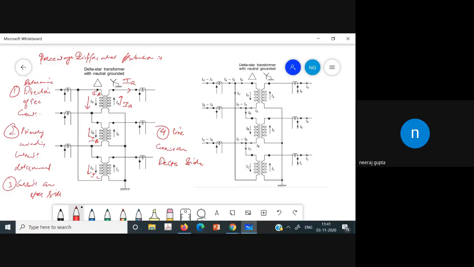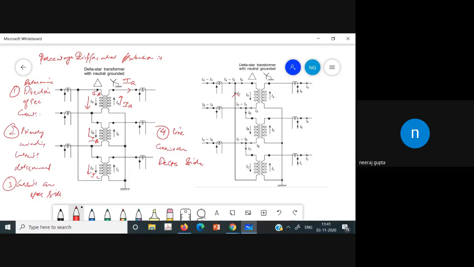Here the line currents are determined. Here we will have the IA, IB, and then IC. And you know that we have the IA here and IC is moving like that. So this is IC. So the final line current would be IA minus IC.